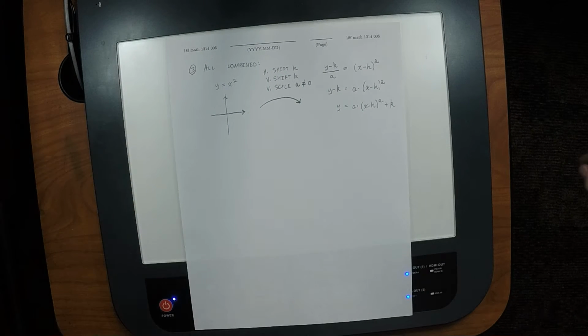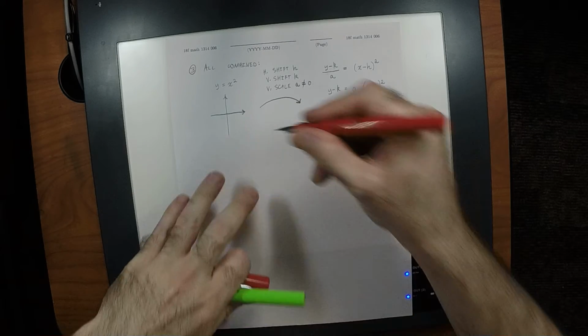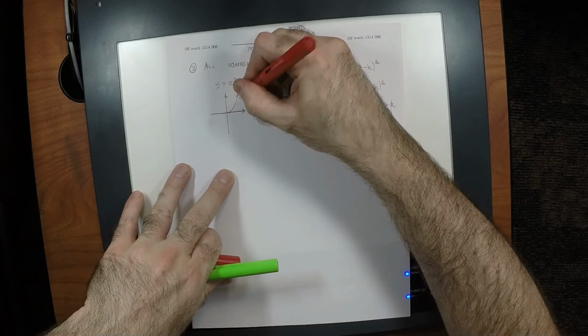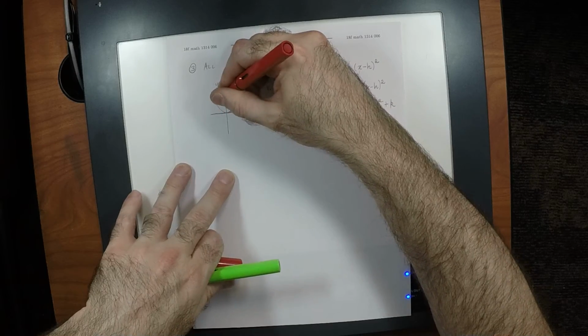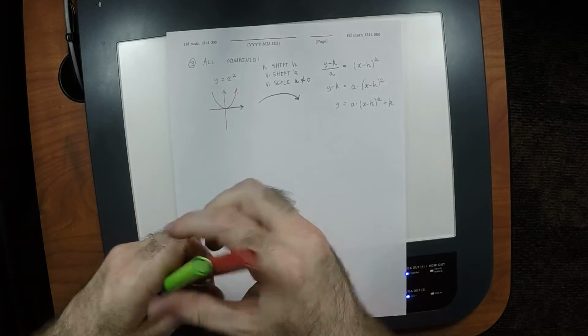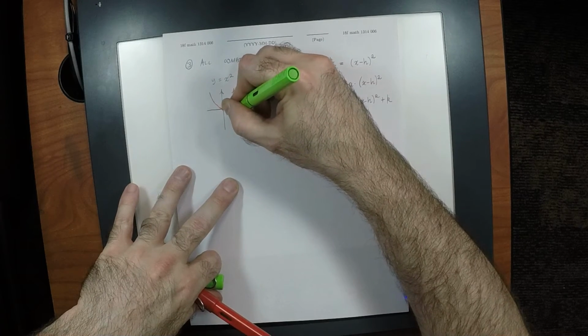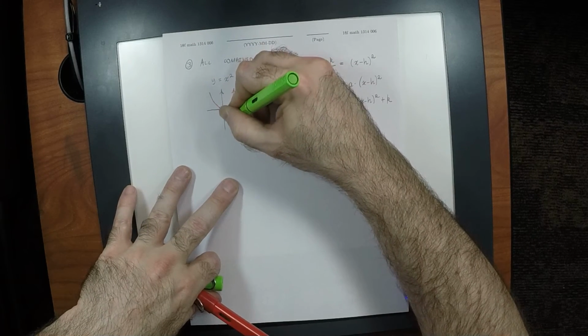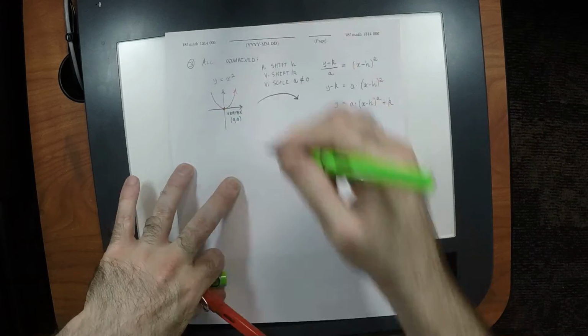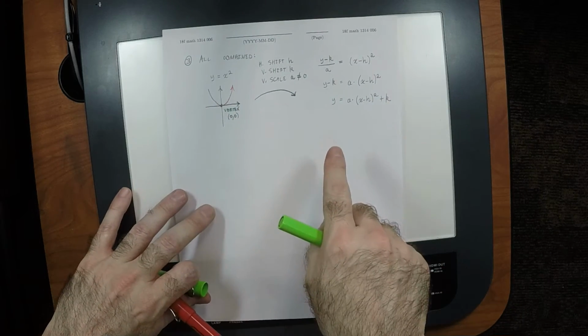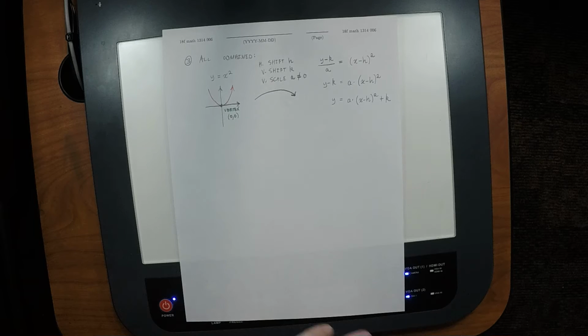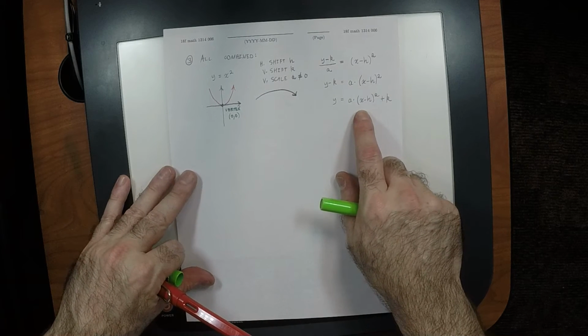All right. So now, the original parabola had its vertex at 0, 0. So we did a horizontal shift of h and a vertical shift of k. So where's the vertex of this one?